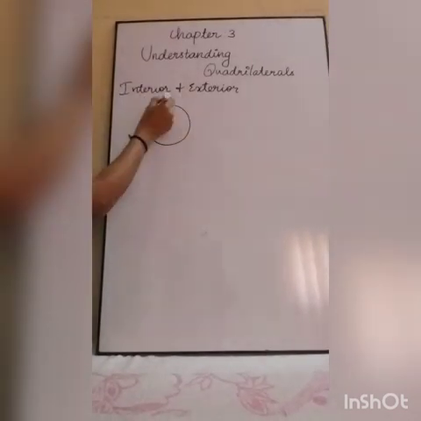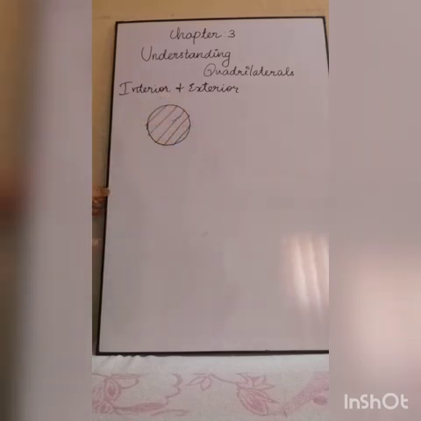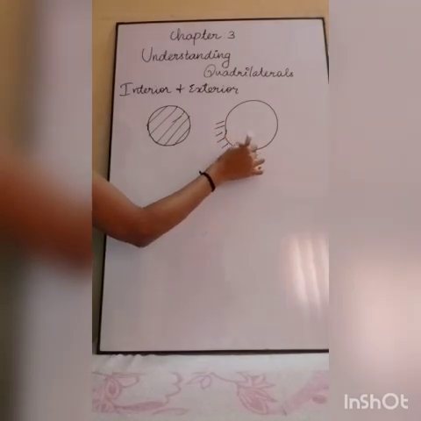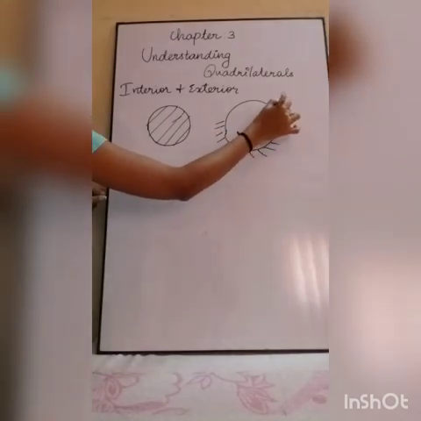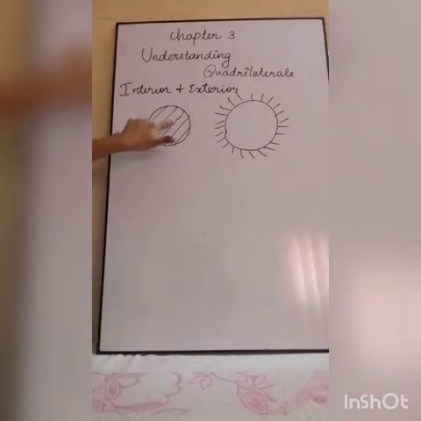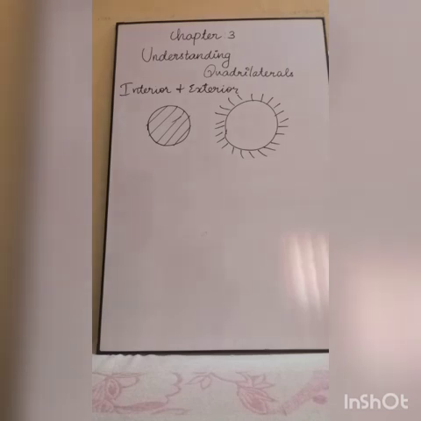Okay, so wait, I'll take a closed figure. So in this, interior is this region. For the same figure, exterior is this one. For the same figure, interior is this shaded part, exterior is that shaded part. So the interior will always have some limit.